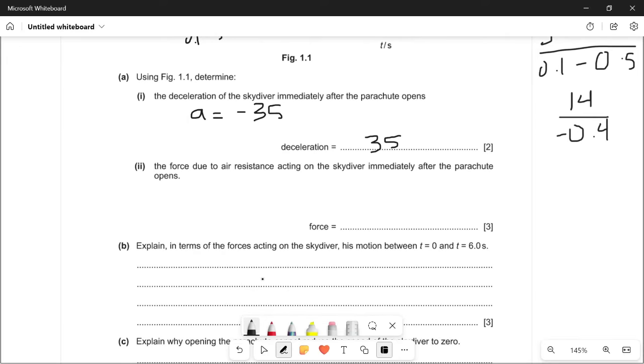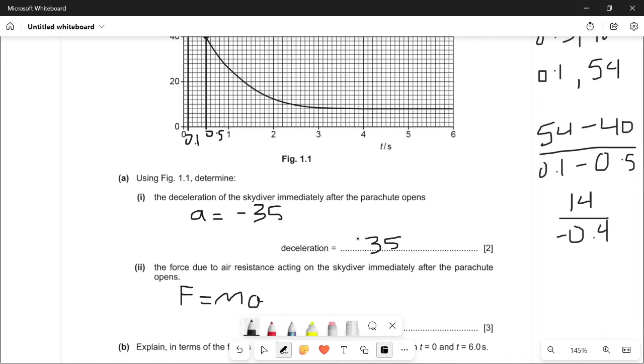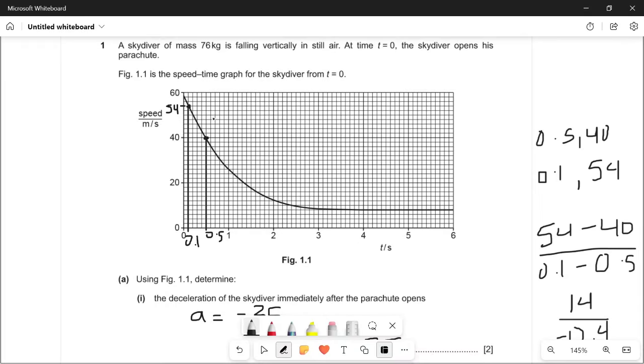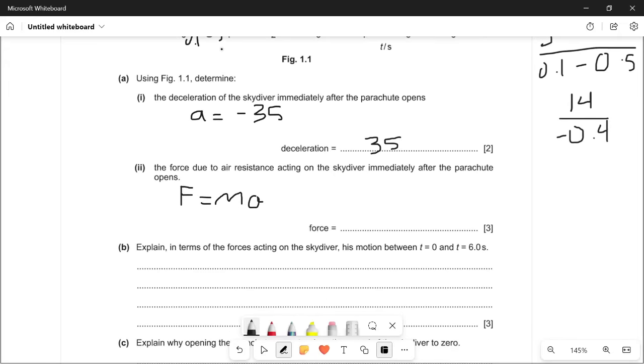The force due to air resistance acting on the skydiver immediately after the parachute opens. So to find the force, we use the formula force equals mass times acceleration. So we are given the mass, which is 76 kg. And we've also found the acceleration is going to be 35.